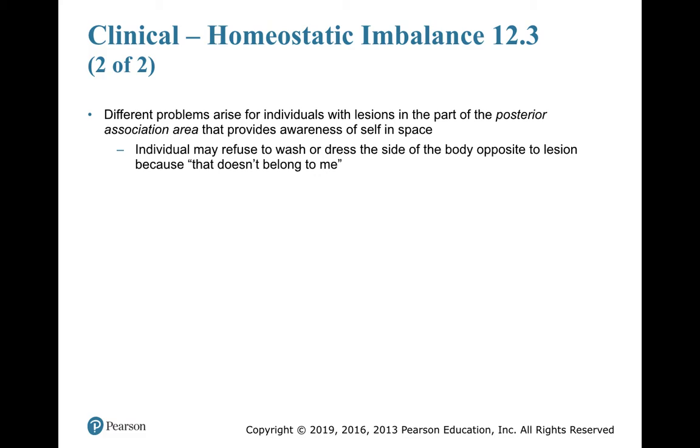Different problems are going to arise in those with lesions of the posterior association area, which provides awareness of self in space. Here, individuals may refuse to wash or dress the side of the body that's opposite the lesion. They don't believe that part of their body belongs to them, even when they look at it in a mirror.